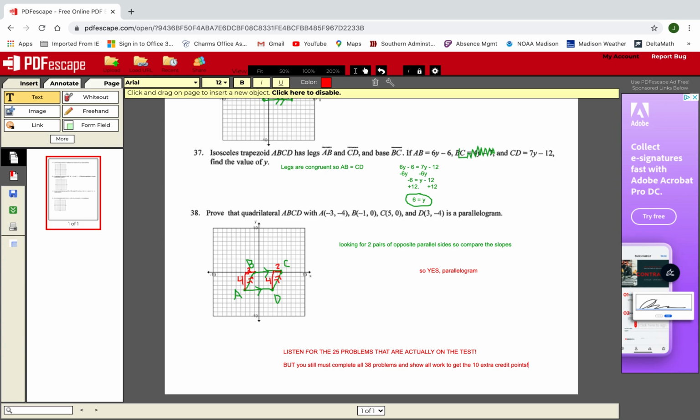Page 4, numbers 17, 19, and 20. Page 5, number 23. Page 6, all 5 of them, 24, 25, 26, 27, and 28. Page 7, numbers 29, 31, and 32.